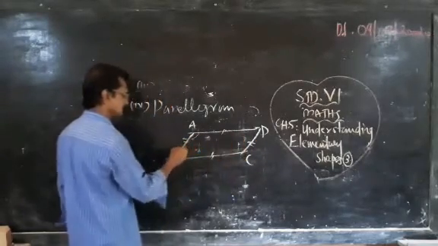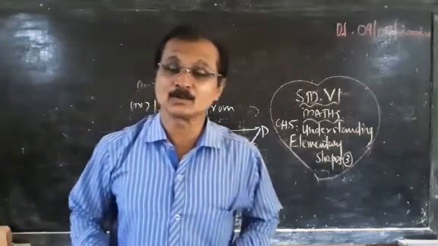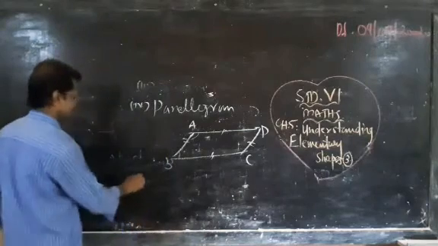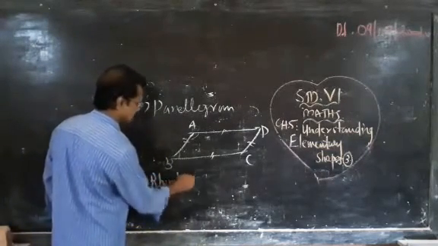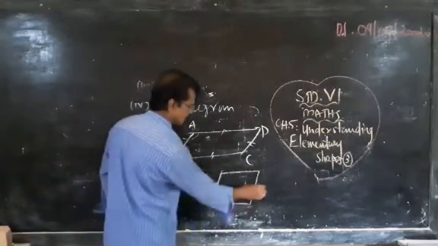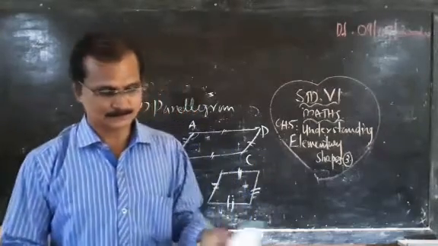And it is not compulsory for the angle to be 90 degrees, but opposite sides are parallel and equal. Next one is rhombus, R-H-O-M-B-U-S. A rhombus is a parallelogram, but all four sides are equal.